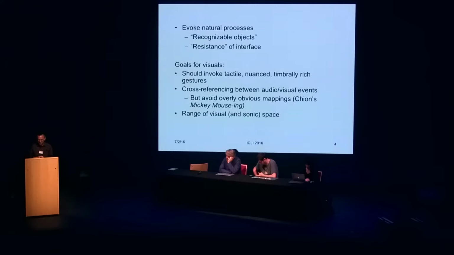When Michel Chion talks about Mickey Mousing, where a sound effect ties very strictly to a visual event, I try to avoid that, but there should be very clear cross-referencing, I think, between the audio and visual events. Whether I succeed in specific pieces is another question. Also, because free improvisers work with a variety of materials and sonic space, the visuals should be able to incorporate a wide range of visual spaces.